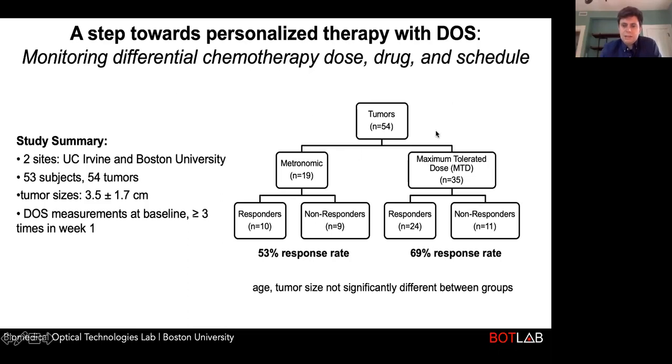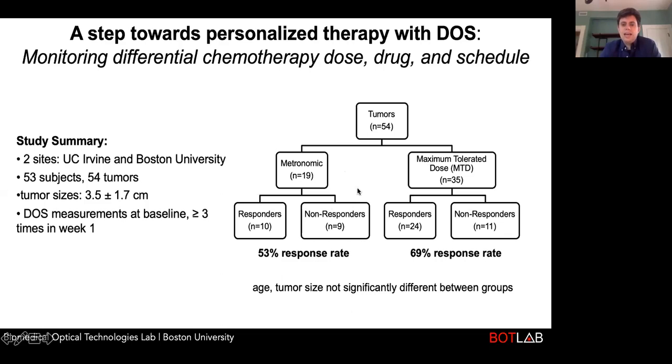And the breakdown occurred like this, and it'll just take me a second to explain this, but we had 53 subjects, 54 tumors. These patients were not all treated the same way. 35 were treated with what we call maximum tolerable dose, or MTD. And I'll explain exactly what that means on the next slide, but it's the standard of care chemotherapy. And of those subjects, we had a response rate of 69%, meaning that 11 of the tumors we measured didn't respond to treatment by our criteria, but 24 did.